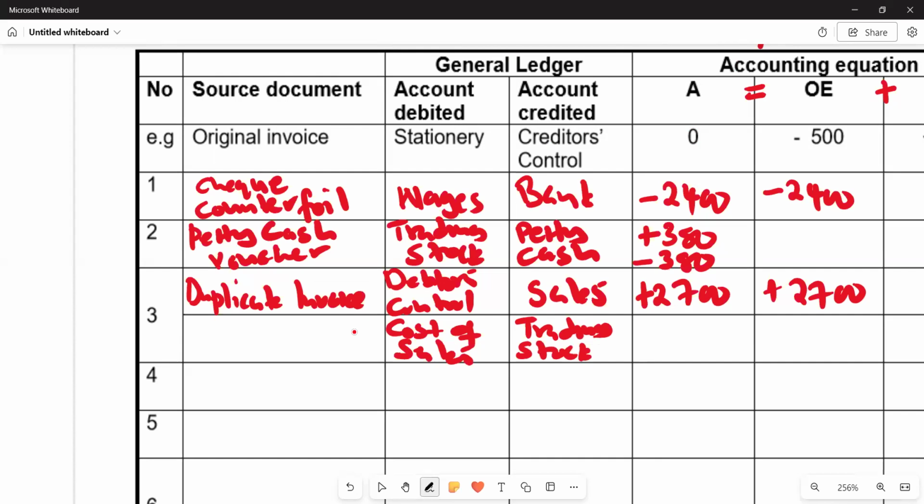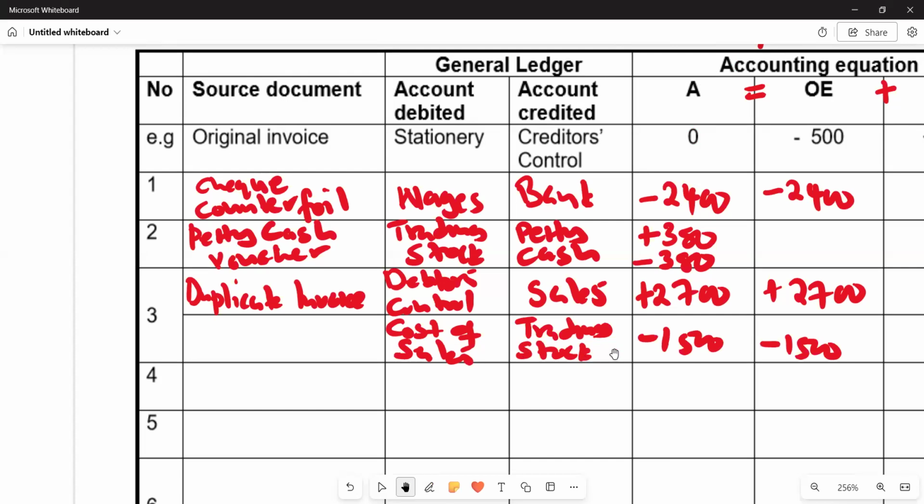So cost of sales, we find cost of sales in the trading account, so it's going to affect our net profit, and it's going to reduce our net profit. So the owner's equity is going to be a negative 1,500. And then the other effect is on the trading stock, and the trading stock is an asset. We are crediting it. Whenever I credit an asset, it's a minus 1,500. So this is what we have.